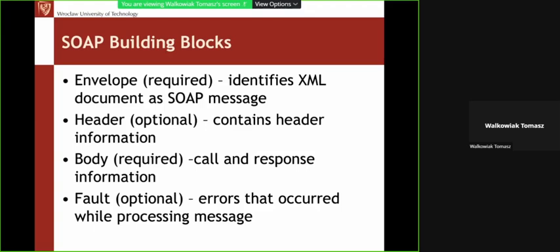So we need a header, we need a body, the call or response, and since we are talking about programming, we have exceptions. If an exception is raised somewhere on the server, that information has to be sent back to the client. So we need a fault part, which is of course optional, because faults do not always happen.